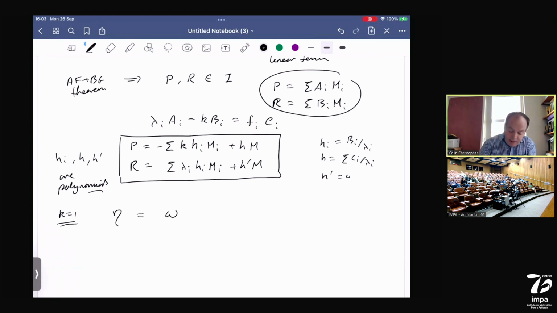Eta will be equal now, for the Darboux relatively exact case, to omega times minus the integral of hi over fi plus h, plus d of the sum of lambda I hi over fi plus h prime, plus the sum of alpha I dfi mi.